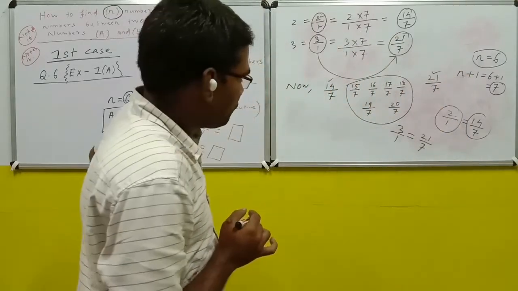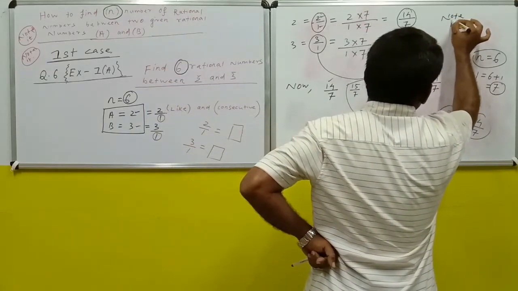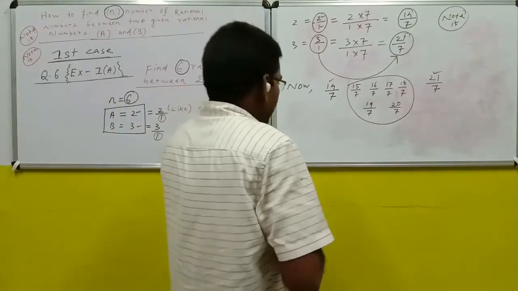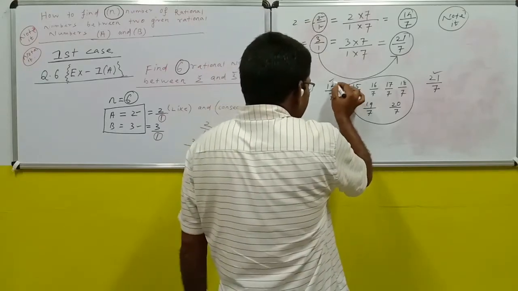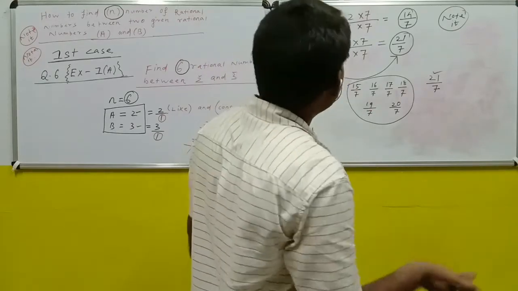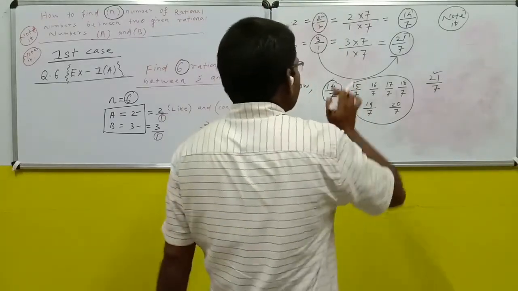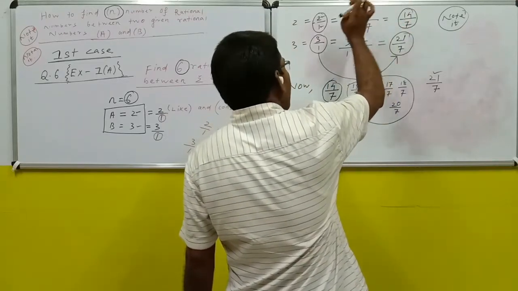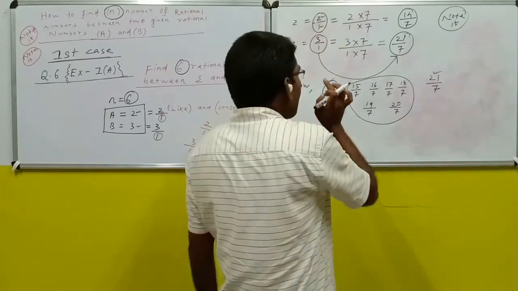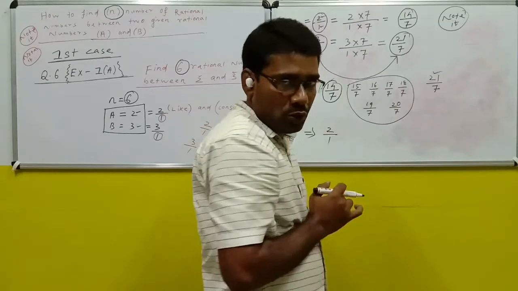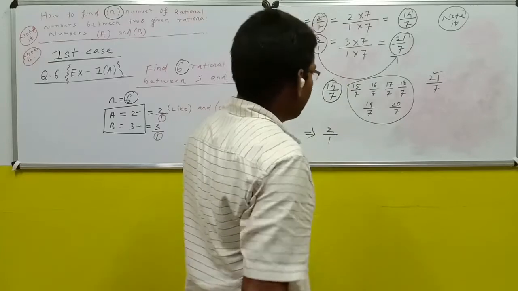Now, first note it. That implies, now in place of 14/7, you again write 2/1. Why? Because 14/7 is the equivalent rational number of 2/1. First, you used 14/7 in place of 2/1. Now, you come back to your root rational number.